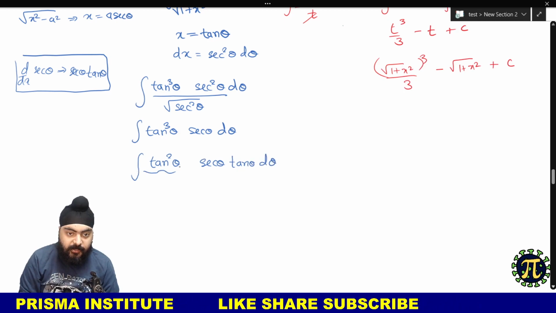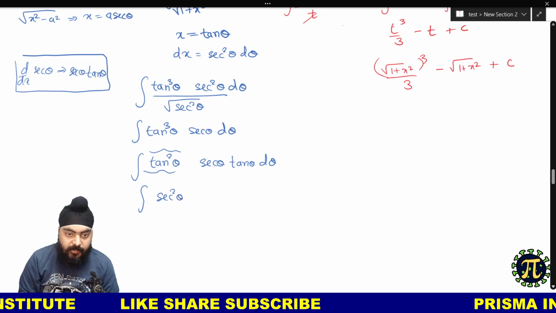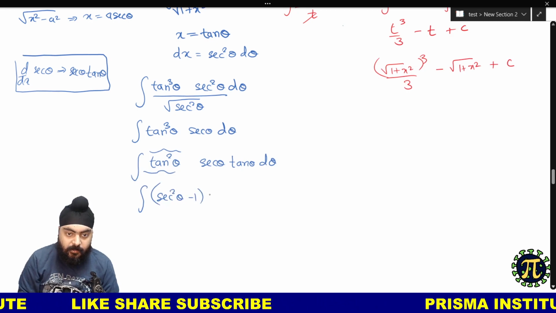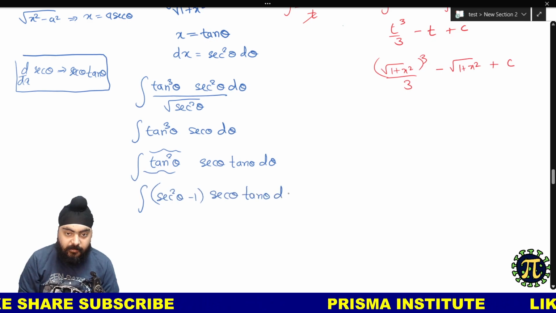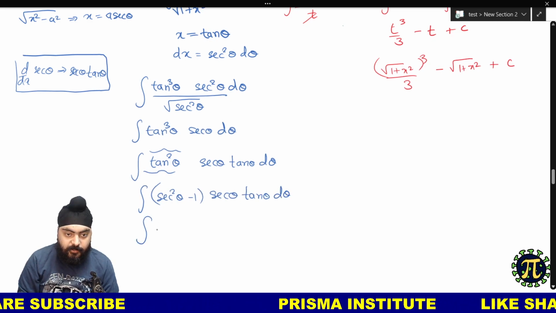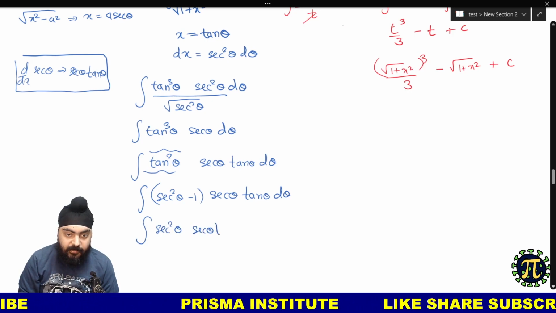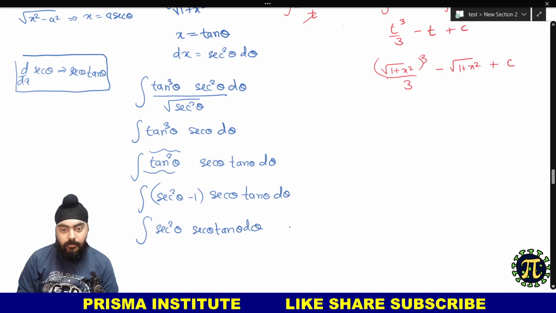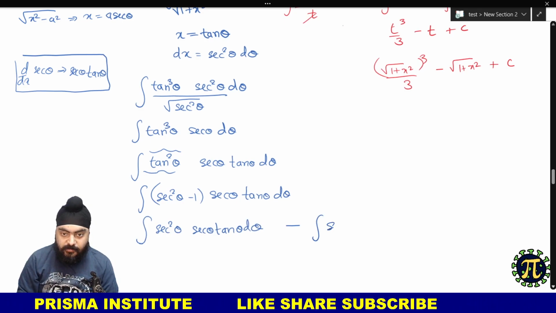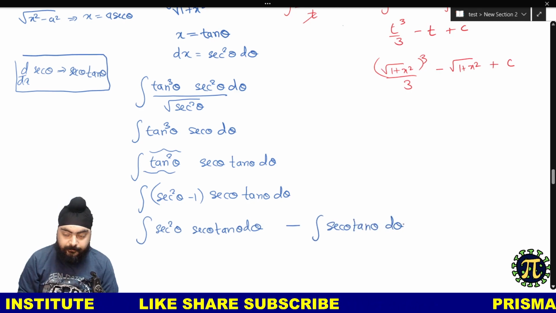And this tan square theta can be written as secant square theta minus 1. So secant square theta minus 1 into secant theta tan theta d theta. So first integral will become secant square theta into secant theta tan theta d theta, minus secant theta tan theta d theta.